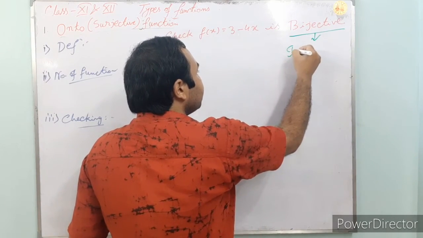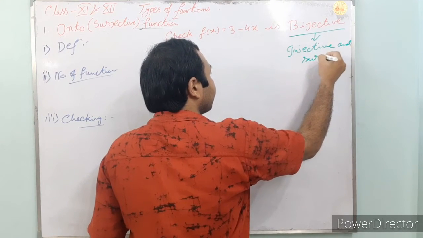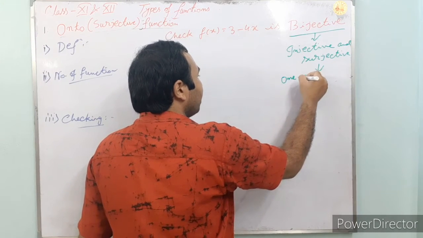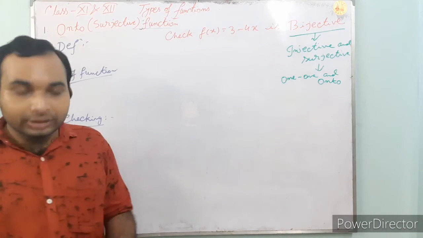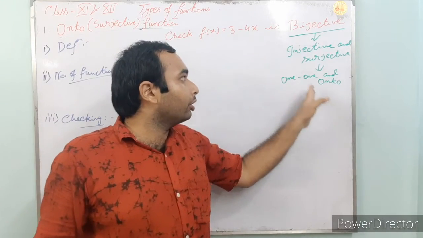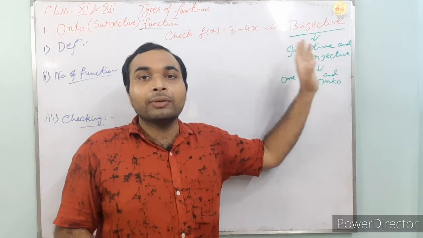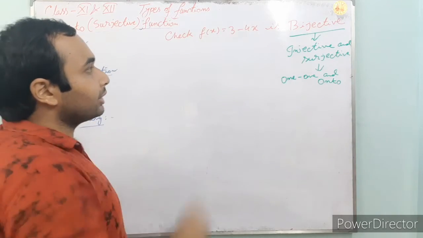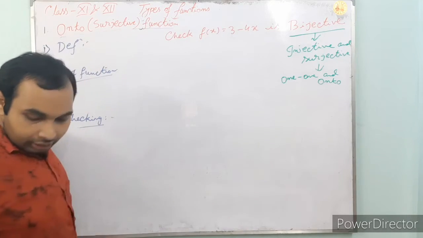Bijective means it is injective and surjective, that means it is one-one and onto. Whatever functions support the conditions of one-one and onto, or injective and surjective, those functions are called bijective. Okay, I am doing the total answer here.